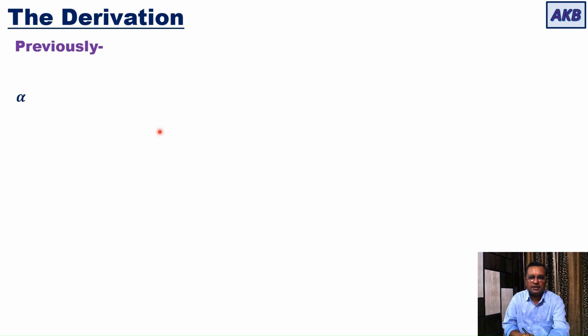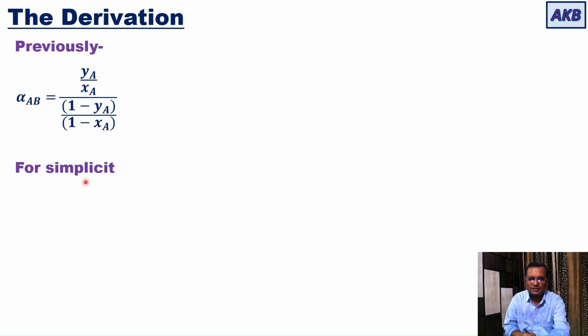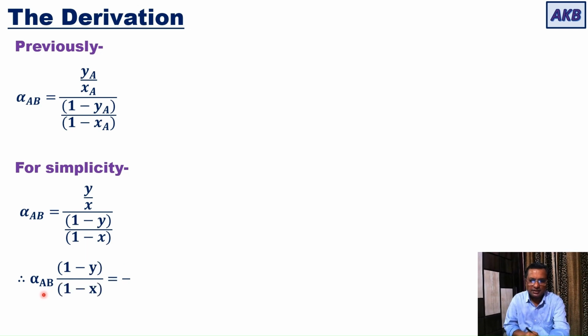Previously we got this equation: alpha AB is equal to YA upon XA divided by 1 minus YA divided by 1 minus XA. Now, for simplicity, I am going to remove the subscript. So, I will write the equation as alpha AB is equal to y upon x divided by 1 minus y divided by 1 minus x. In this case, small y stands for the mole fraction of A in the vapor phase and small x stands for the mole fraction of A in the liquid phase. If I rearrange it, I will bring this term to the other side.